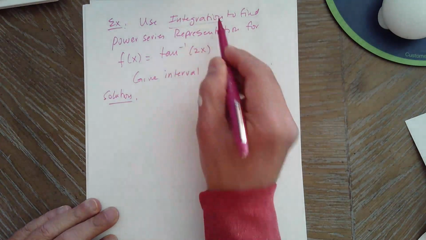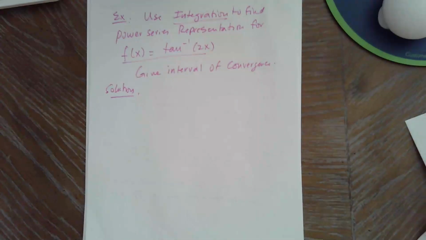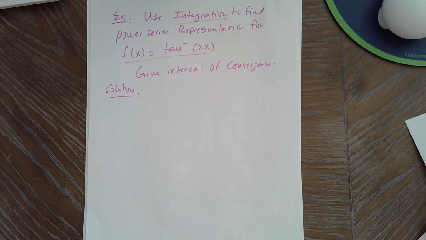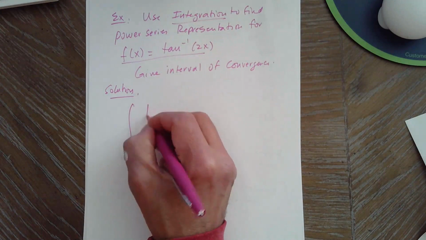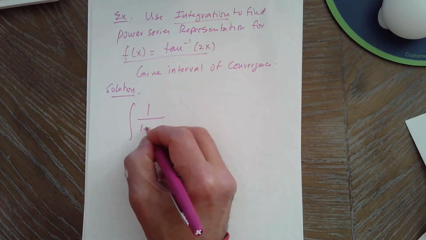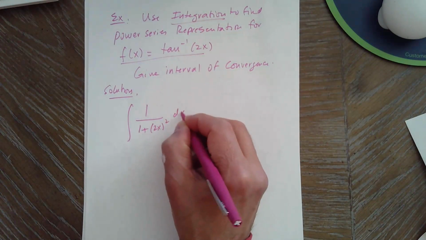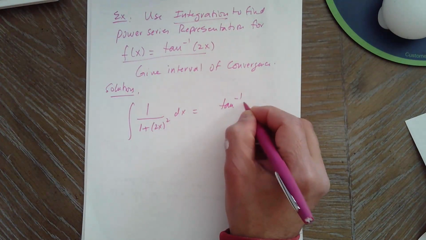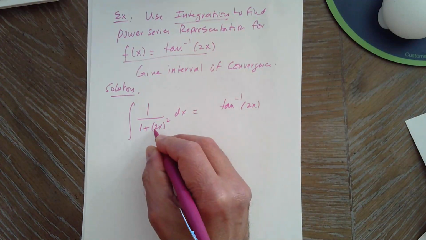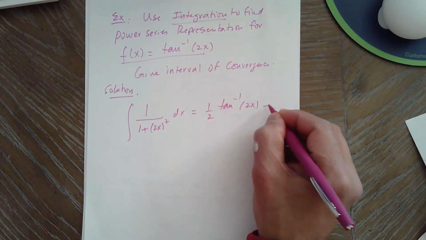Alright, so we want to use integration to find the power series representation for f of x equals tangent inverse of 2x. So I want to find a function whose integral is going to give me tangent inverse of 2x, and it's going to be something we could have a power series for, and it's this one: 1 over 1 plus x squared will give me tangent inverse x. If I do 2x squared, it would be tangent inverse of 2x, but then we're going to have a constant there, plus c.